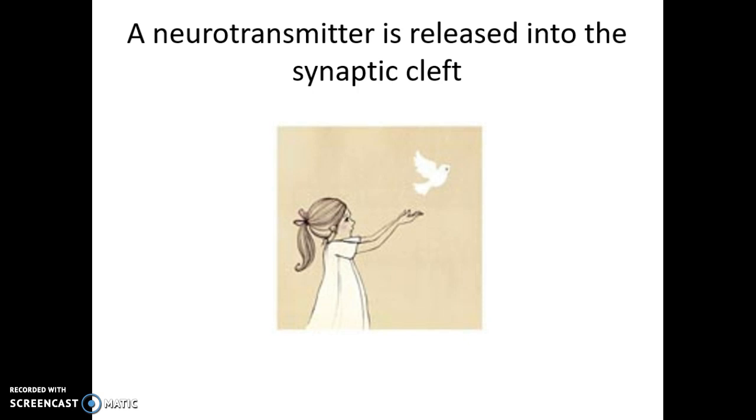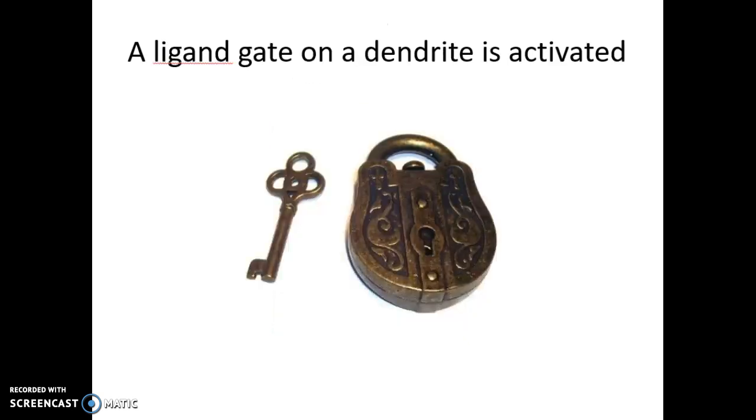So that neurotransmitter is going to float across the synaptic cleft, and it's going to look for a ligand gate on the next dendrite. That's a matching lock and key. So if this were acetylcholine, and I'm not saying that that's necessarily true, but if this were acetylcholine, we would be looking for an acetylcholine locked gate to be opened by the acetylcholine that is floating across the synaptic cleft there.